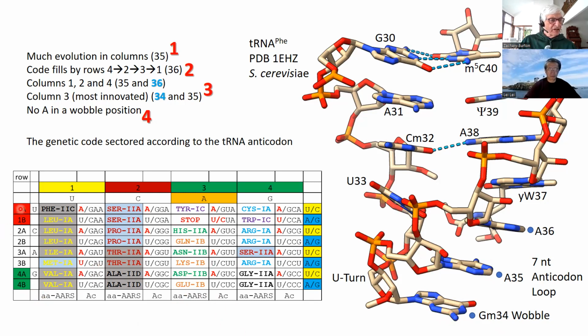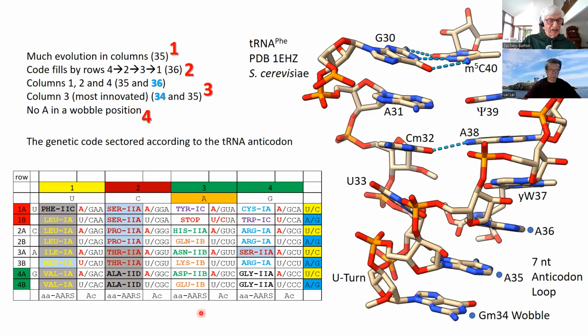And here, rows 1, 2, 3, and 4 relate to C. This is the 36th position, that's 36, C, U, G, A. Row 1 is late to fill because initially this was a wobble position and then it wasn't allowed. When this is a wobble, you can't have A here, so you can't fill row 1. So row 1 fills late in genetic code evolution.